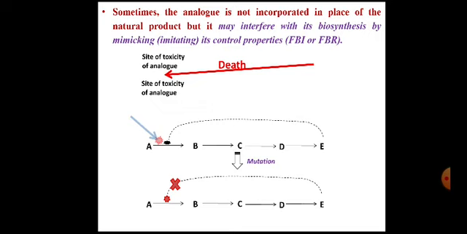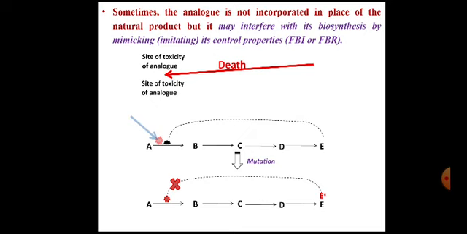Now this enzyme is resistant to E, and therefore if it is not recognizing E, it will also not recognize E star. What is E star? E star is the analog. So this enzyme is resistant to the levels of E, and this enzyme is resistant to E star also.